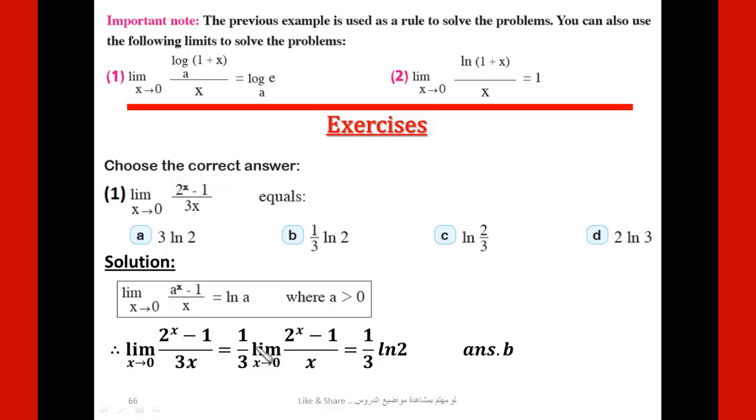So the value of limit 2 power x minus 1 over x as x tends to 0 equals ln 2, as in the rule it equals ln a. So the value of this fraction equals 1 over 3 ln 2. And the answer will be B.